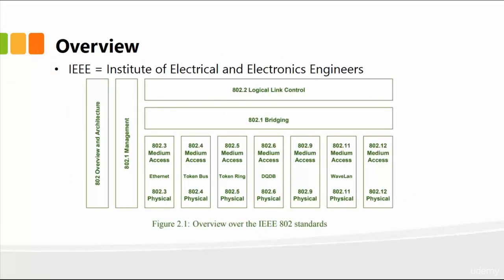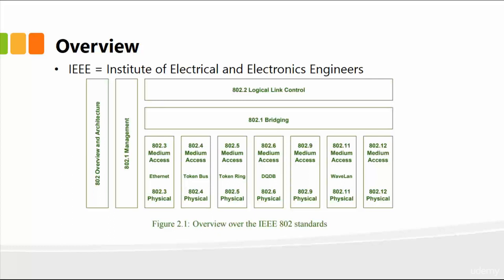As I mentioned earlier, IEEE stands for Institute of Electrical and Electronics Engineers. The entire framework consists of an overview of the IEEE 802 standards. It talks about the 802.3 standards, the 802.2, 802.1, and so on, all the way up to 802.12. 802 is just the overview and the architecture, and then it has its sub-numbering.